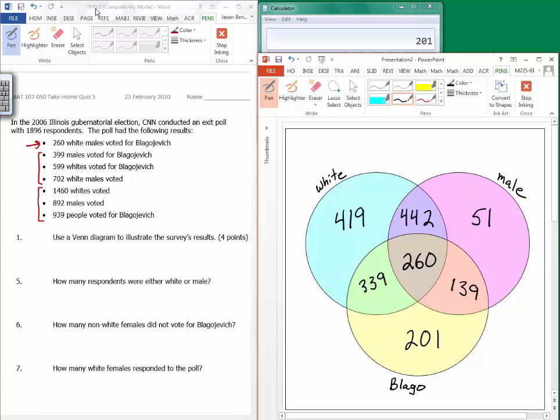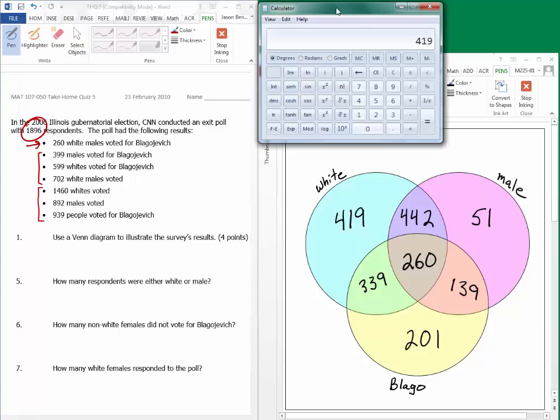Now the only piece of information I haven't used yet is this one, this 1896, that I said all these numbers have to add up to. So let's add them all up. 1,851. That's not 1,896.